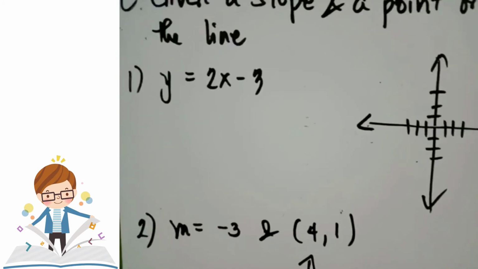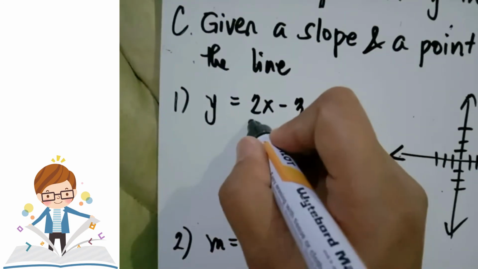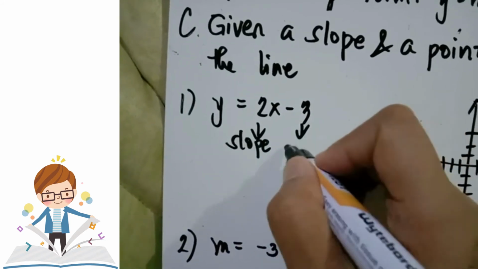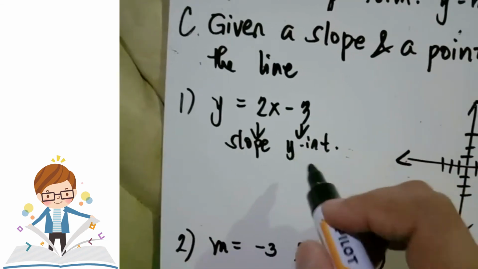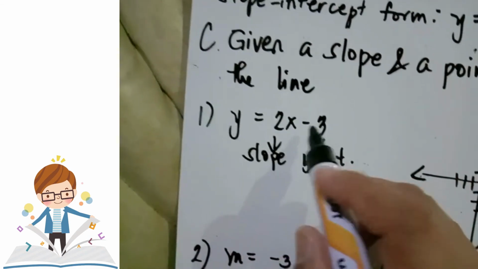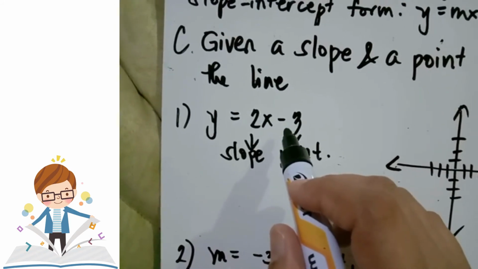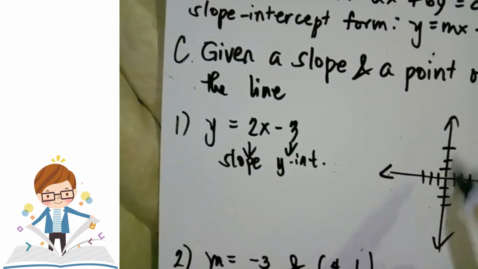So we have here 2. This is our slope, and then this is our y-intercept. With regards to y-intercept, you know already that the point will be flat on the y-axis.